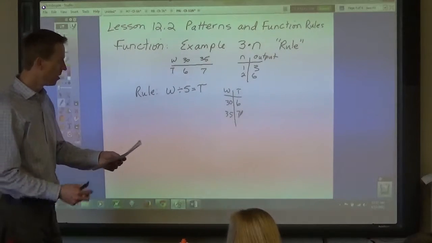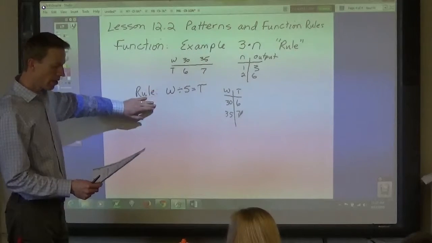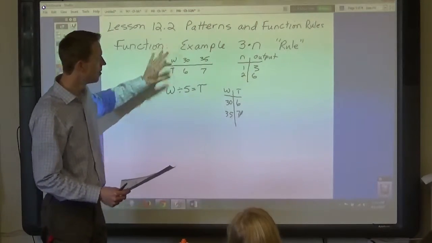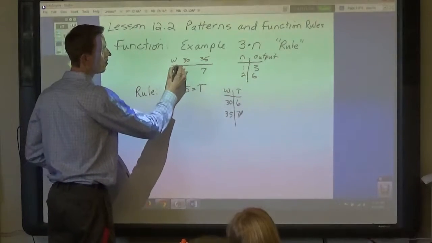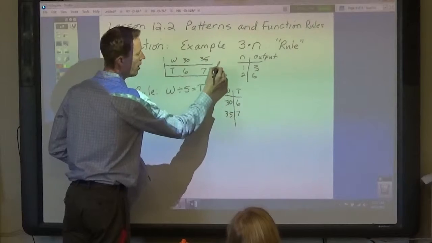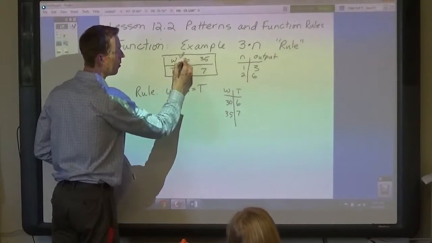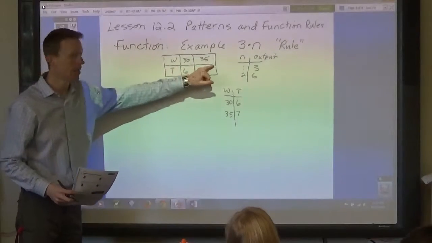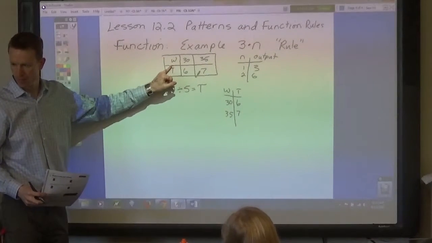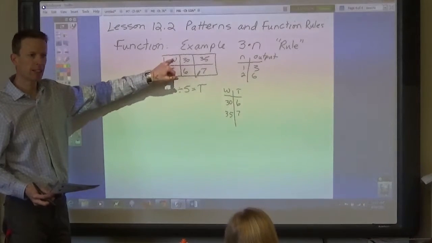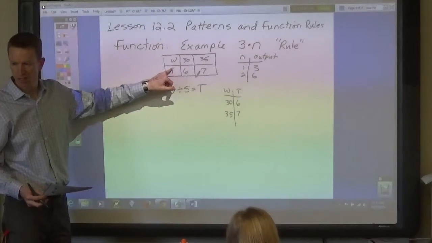Now, in your assignment, you're going to look at patterns like this, either written going across, sometimes with a box around them like this, or sometimes with just a line in between the numbers. Most of the time, they'll also be assigned a variable, a letter.